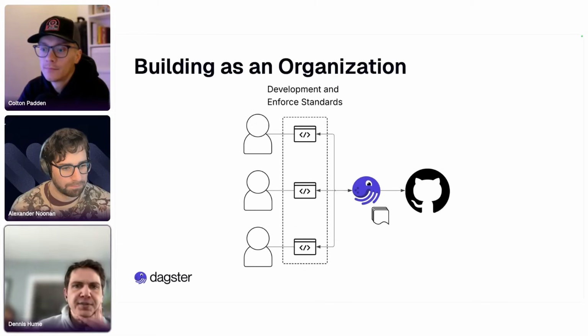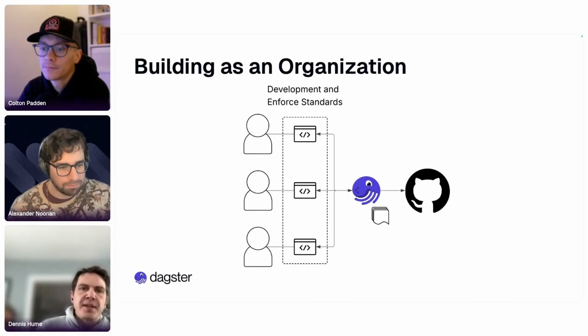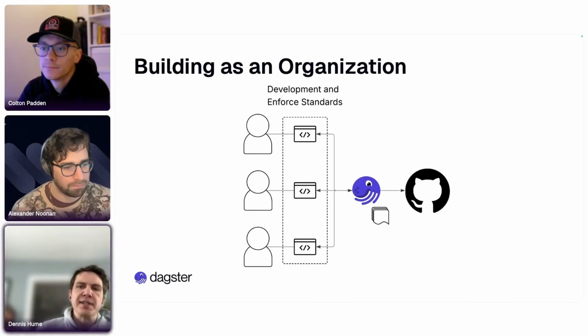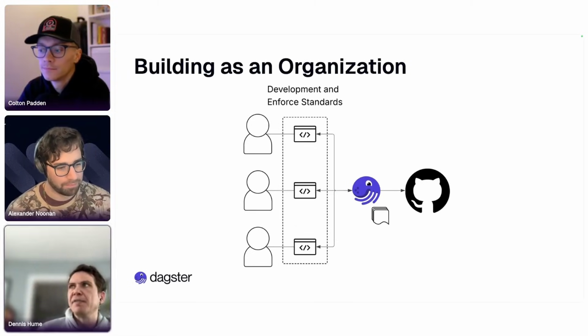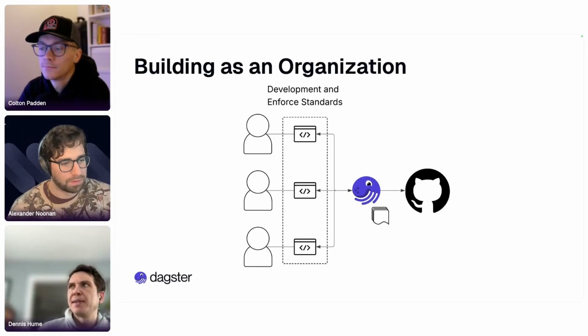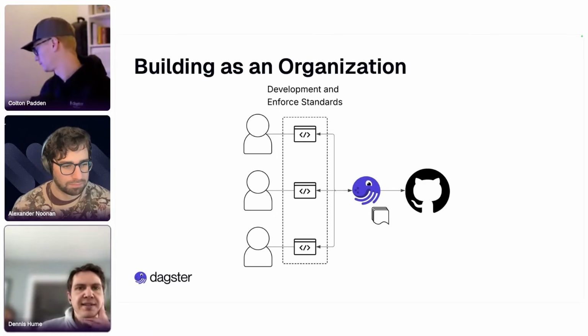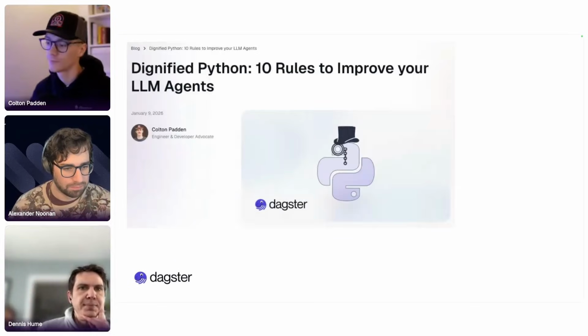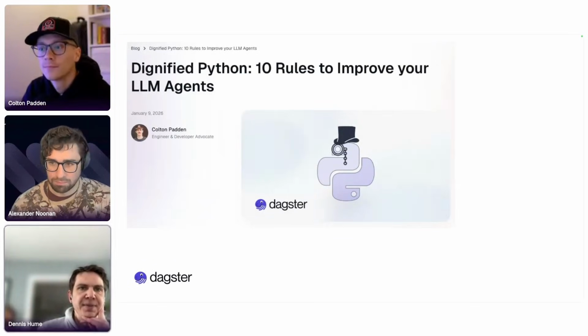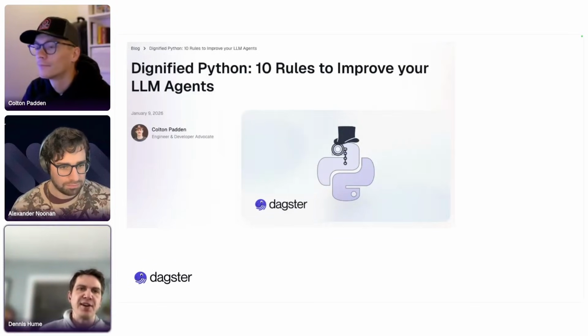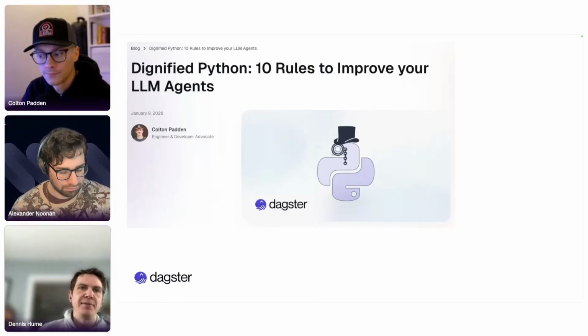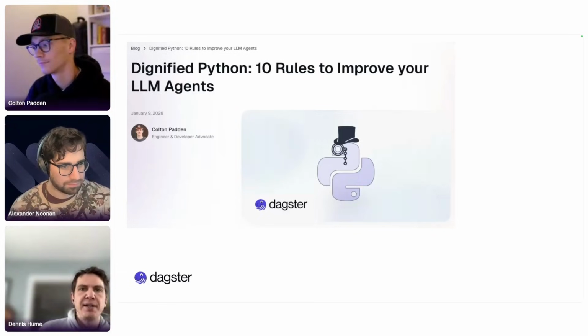So if you want to move on, because this avoids a lot of the tedium of getting those 1,000-line PRs that you have to go through just for stylistic things. Recently we put out a blog post called Dignified Python, which is our internal take on what we care about when we code in Python.